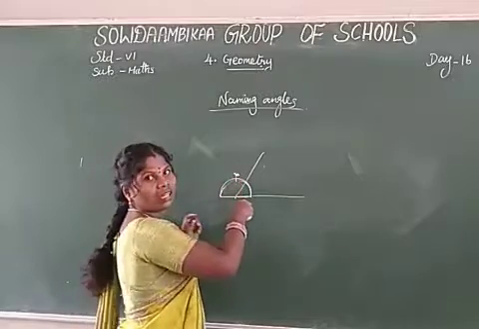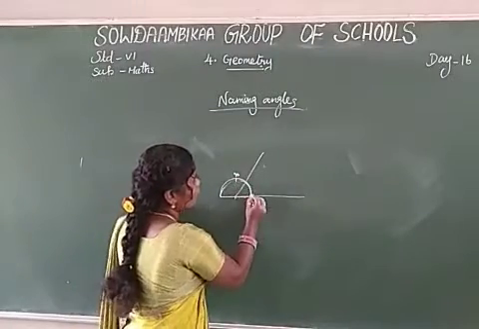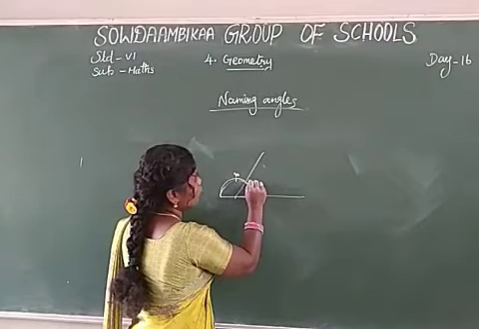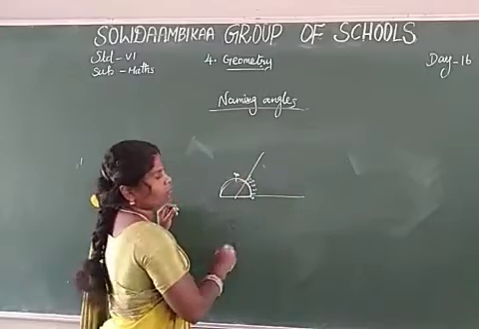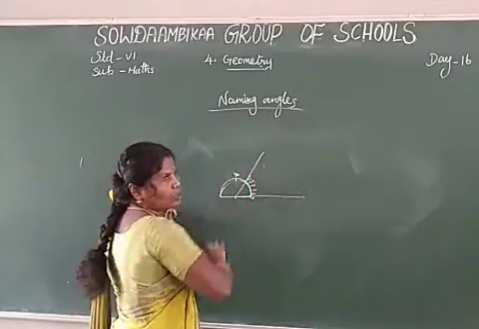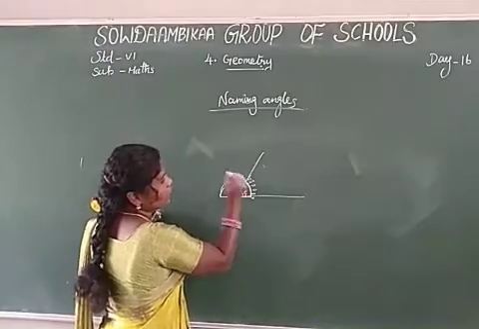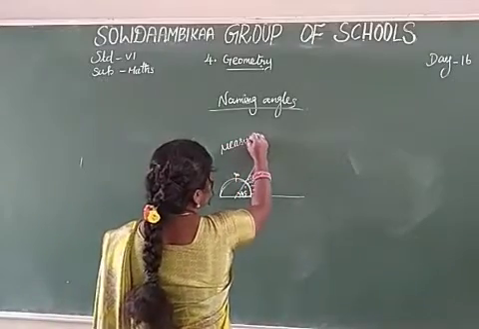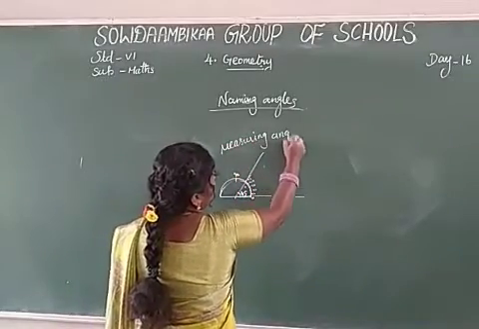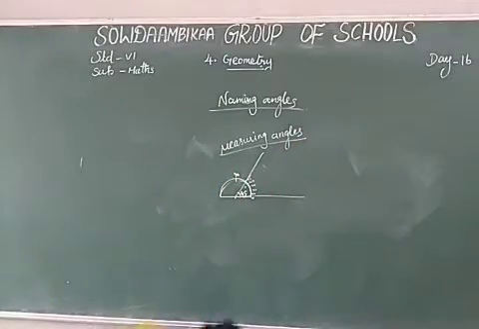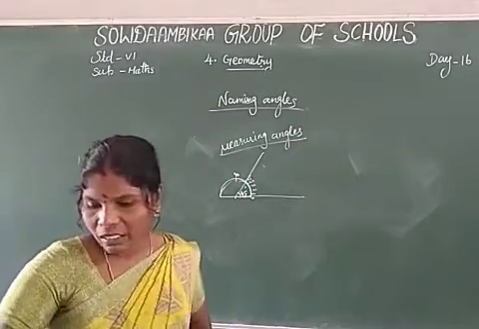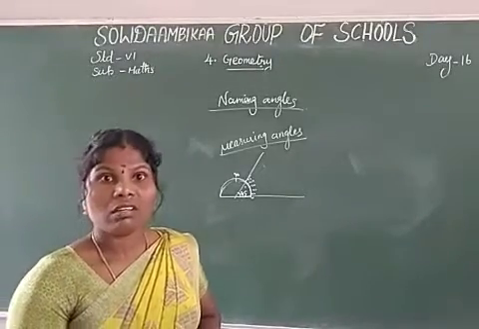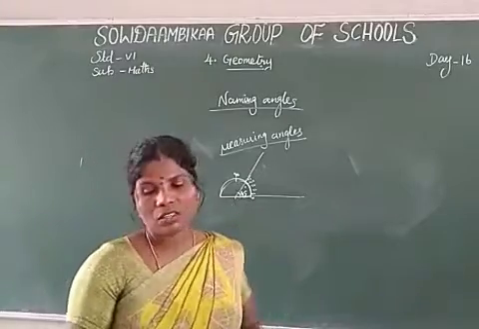The right angle is directly 90. Then 0, 10, 20, 30, 40, 45. So 45, which is below 90 degrees, is an acute angle. So how much? 45 degrees. This is measuring angles. Take page number 89. Measuring angles is also given here. So read it, and take a pencil and the protractor and draw in your rough note.